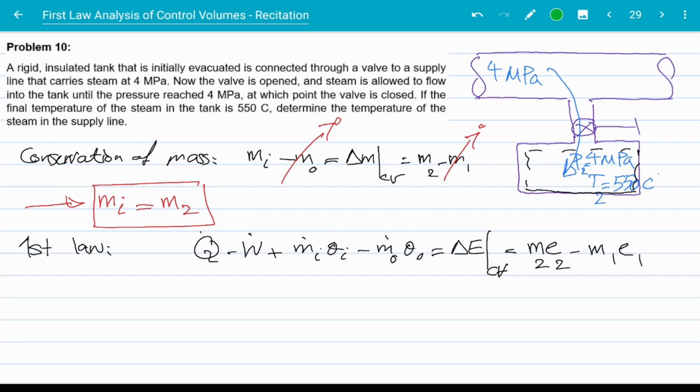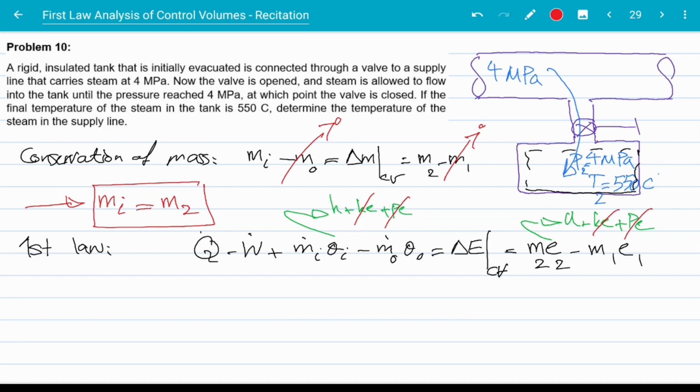Now, remember, theta, or the energy of a moving fluid, is enthalpy plus kinetic energy plus potential energy, and e, or the total energy of a system or control volume, is internal energy plus kinetic energy plus potential energy. We can ignore kinetic and potential energies. So theta reduces to enthalpy and e reduces to u.